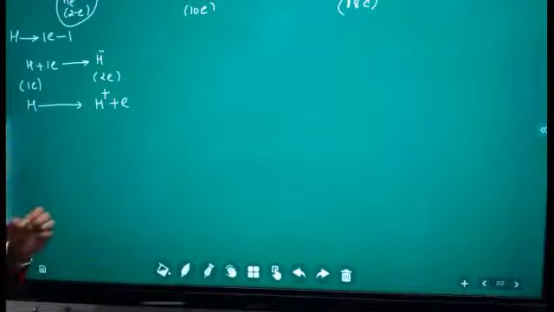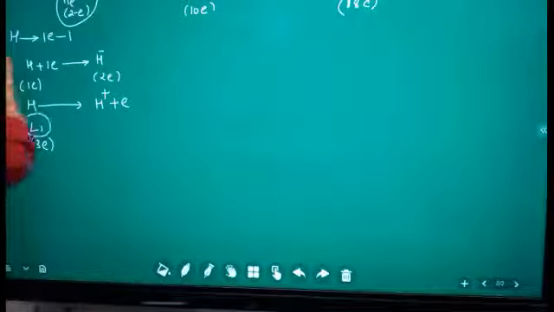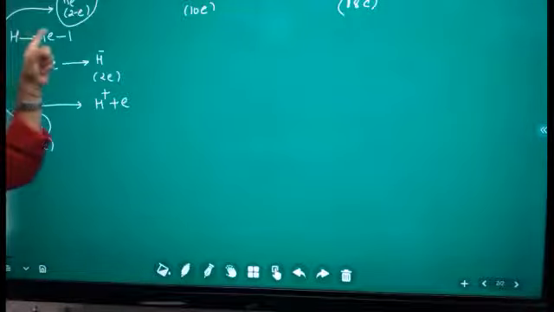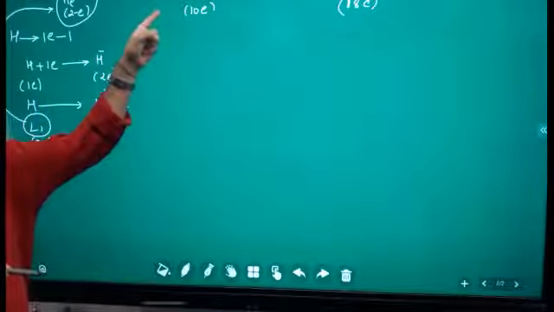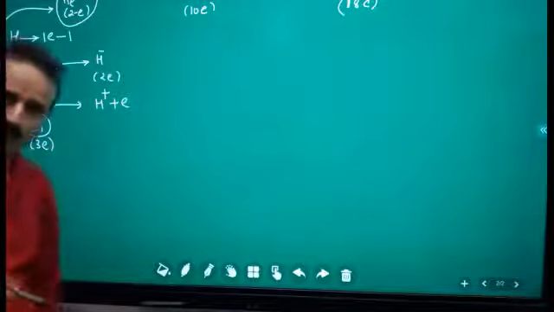Kindly note it. Lithium has atomic number 3, which means 3 electrons. If it wants to become like helium, because the nearby noble gas of lithium is helium. Neon is also a noble gas, but for neon, lithium would have to gain 7 electrons.